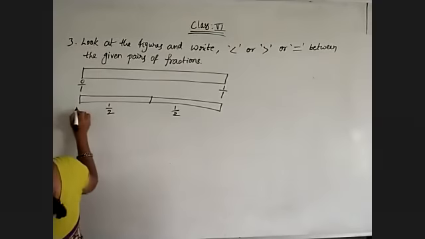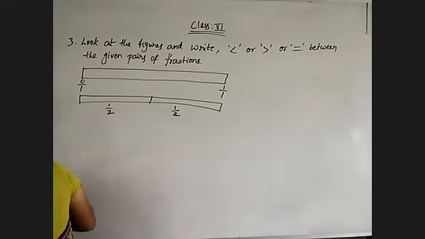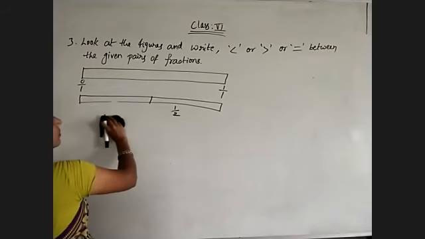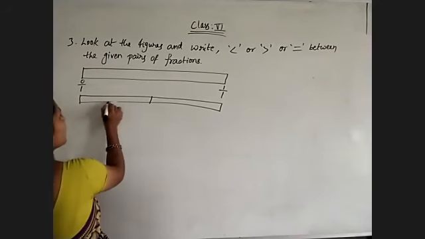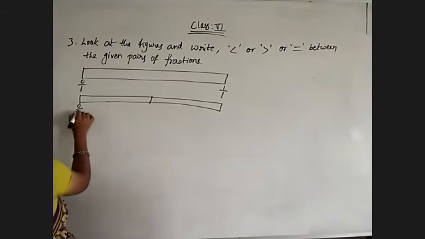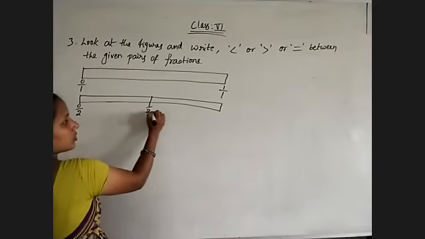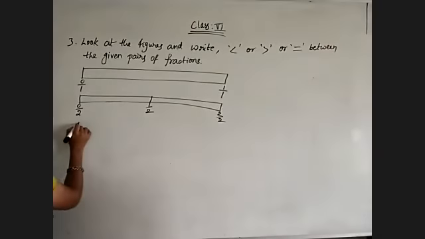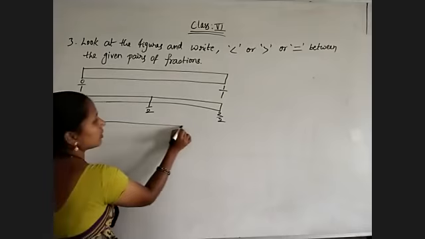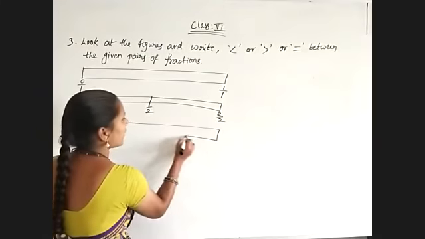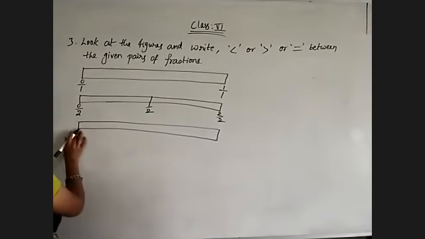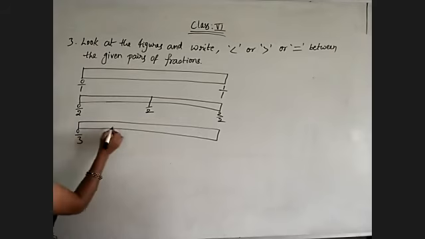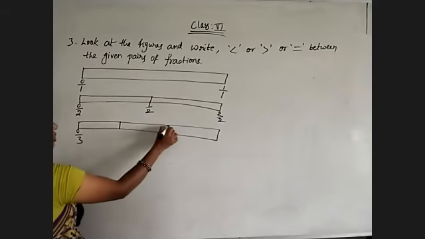Sorry, 0 by 2, 1 by 2, 2 by 2. And again the same whole divided into 3 equal parts. 0 by 3, 1 by 3, 2 by 3.